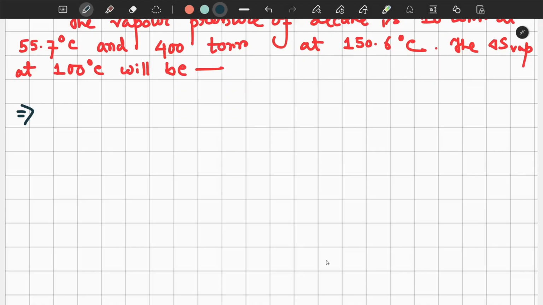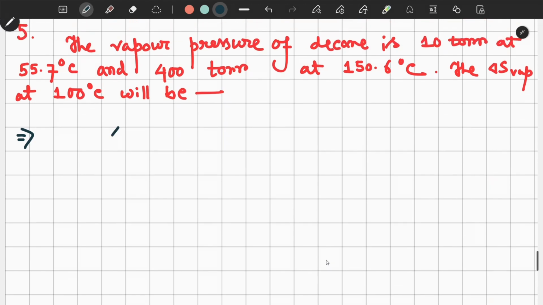Okay, so let me try. What will be delta H? This one. Okay, and this is a very tricky question. Liquid to gas.